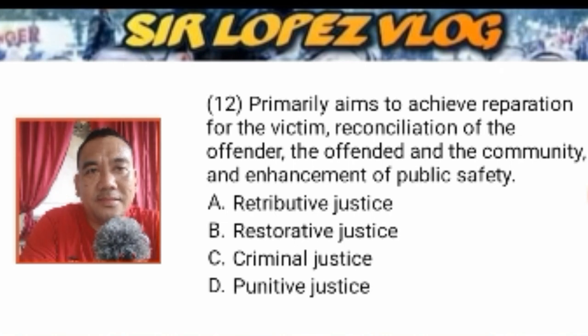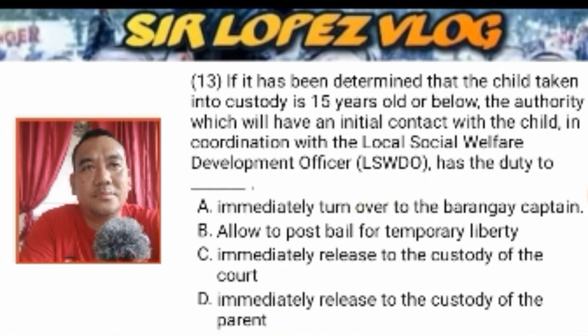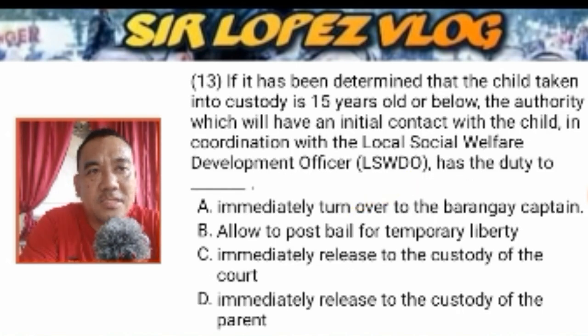Next, number 13. If it has been determined that the child taken into custody is 15 years old or below, the authority which will have an initial contact with the child in coordination with the local social welfare development office has the duty to blank.